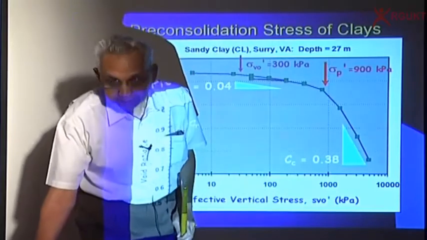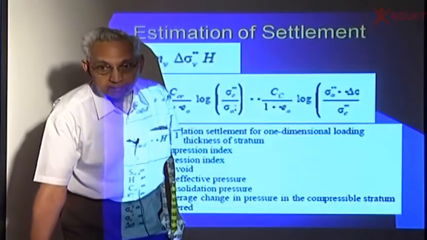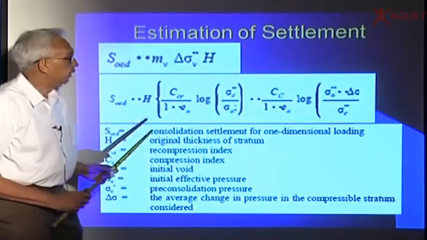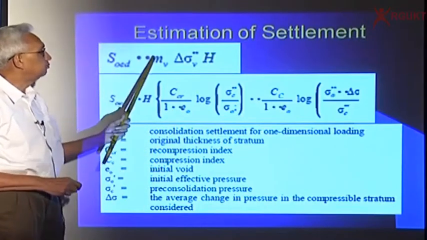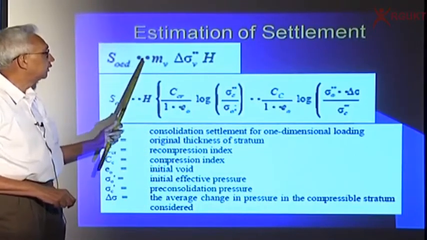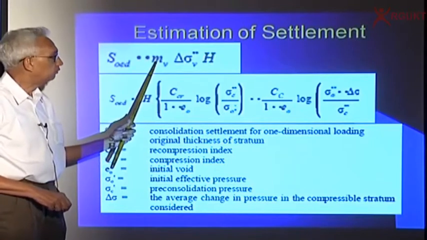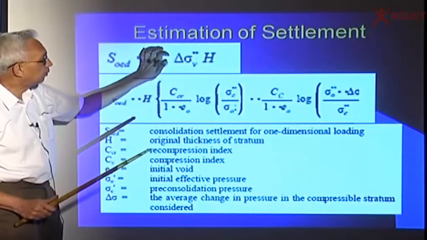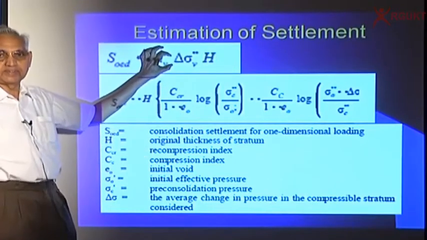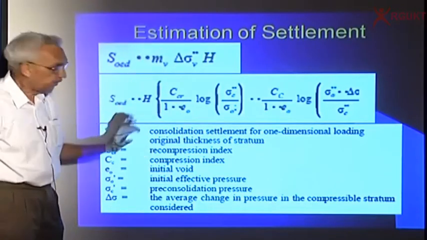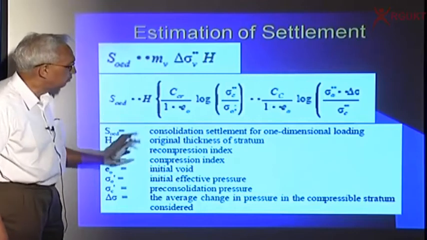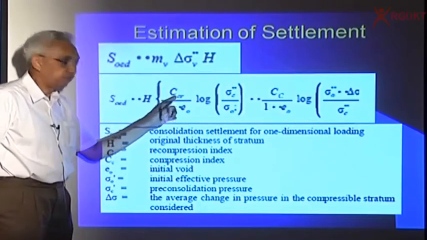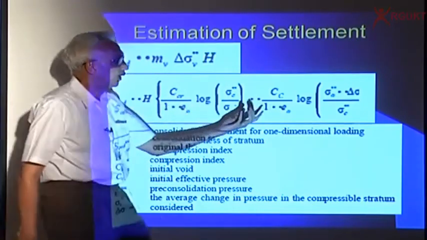So I can express this mathematically here. I can estimate settlement using simple mv. Settlement is equal to coefficient of volume change times increment in stress times thickness. But the problem here is this mv is not a constant. What we generally say is that I can estimate based on the first part of the settlement and the second part.